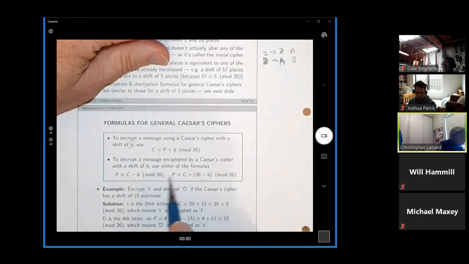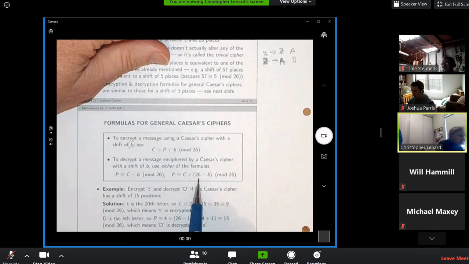And another way of writing this is, to decrypt you take the ciphertext character and you shift forward. Instead of shifting back by B, you add 26 minus B. So when we had 3 there, you either subtracted 3 or you added 23.